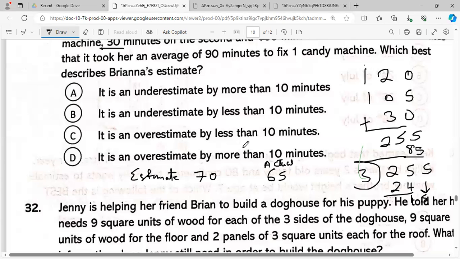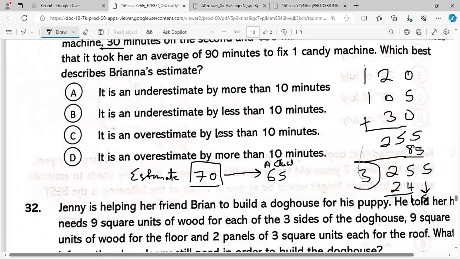Did Crew underestimate or overestimate? Overestimated, because you go over the number. So it's overestimated by less than 10, because remember, she overestimated by 5. Isn't 5 less than 10? That's how this part comes.